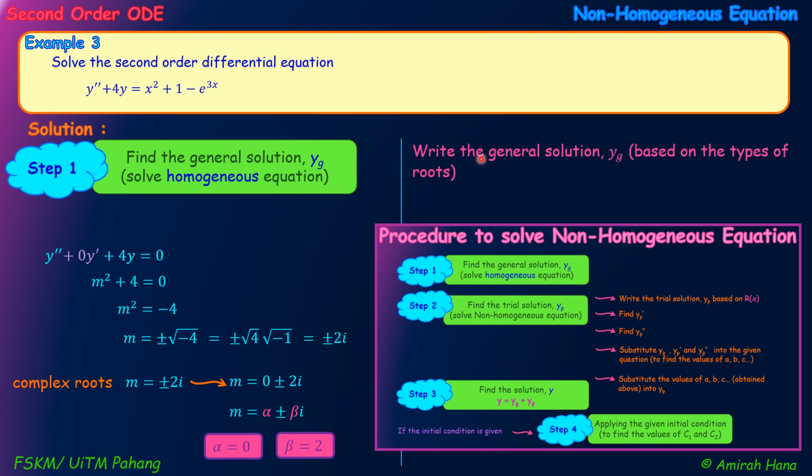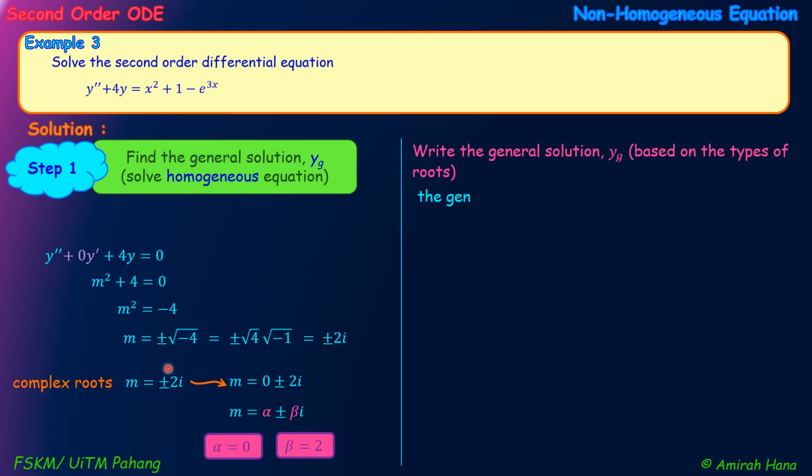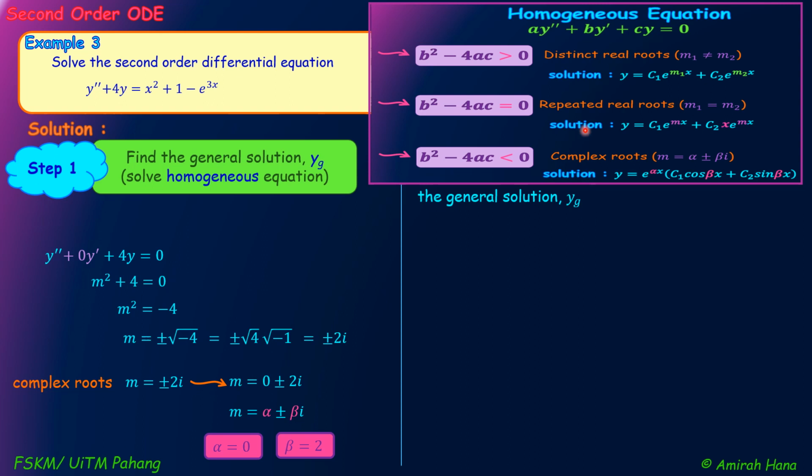After that, we write the general solution yg based on the types of roots. The type of root is complex roots. For complex roots, where m equals alpha plus minus beta i, the general solution is given by yg equals e to the power of alpha x times c1 cos beta x plus c2 sin beta x.